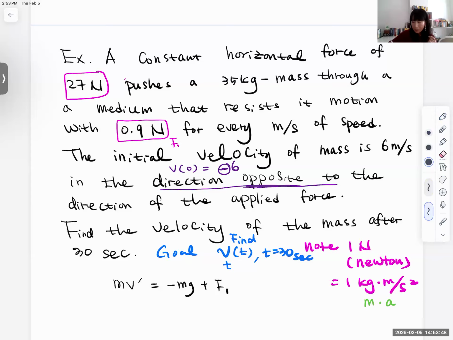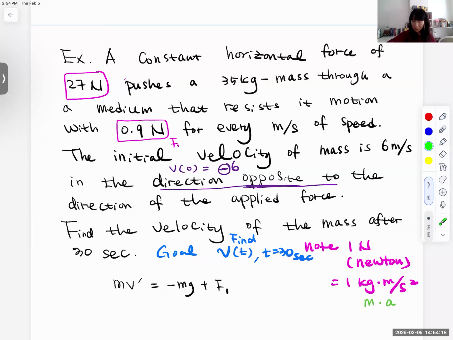Like the earlier section, we find the general solution, then find the constant C, which gives the particular solution, by the given initial value. Then when t equals 30, just find the velocity.